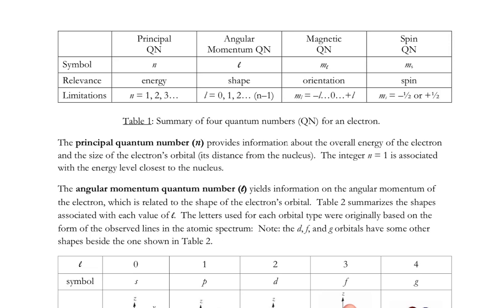The next quantum number, the angular momentum quantum number, symbolized l, has to do with, yes, angular momentum, and ultimately it has to do with shape. It also has to do with energy, as it turns out. l is restricted to the values 0, 1, 2, up to n minus 1.